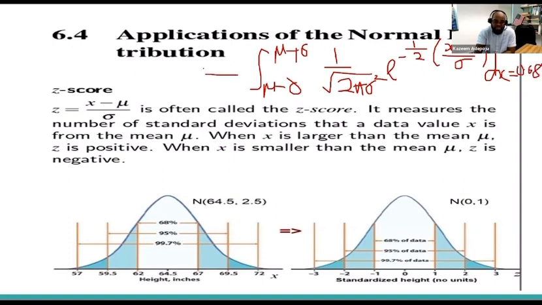This is going to give you 0.68. Multiply that by 100, and that is how I know within one standard deviation, 68% of the data set will fall within.